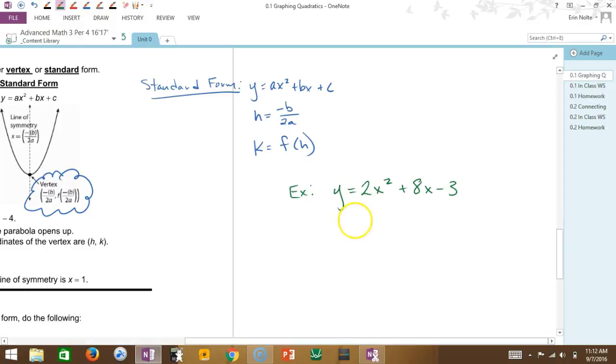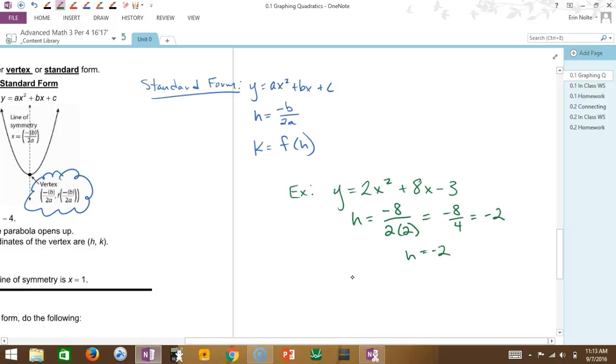How do I find the h? So it says negative b over 2a, right? So what is my negative b value? Negative 8. So negative 8 over 2 times the a, which is 2. So would everybody agree that negative 8 divided by 4 makes an h value of negative 2? So the h is negative 2.